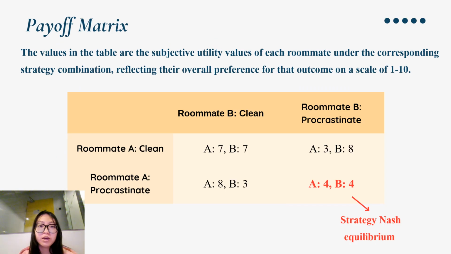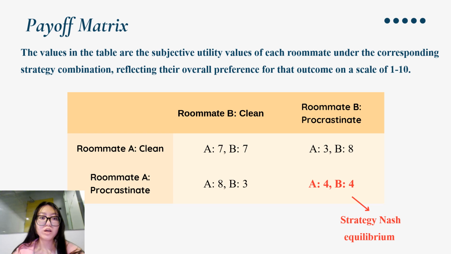In this game, each player has two available strategies: clean or procrastinate. Clean means completing assigned cleaning tasks prior to inspection, and procrastinate means putting off cleaning until the last minute or not doing it at all. The payoffs of these four strategy combinations can be represented by a utility matrix.